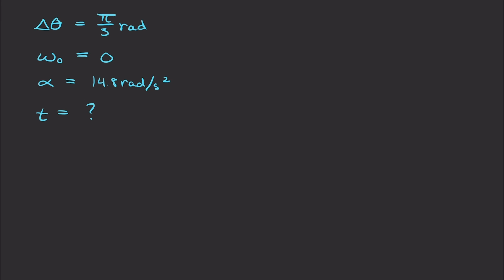Okay, so we go to our kinematic equations and find one that has all of these. It turns out this one, delta theta equals omega naught times t plus 1/2 alpha t squared, has everything we want plus what we're looking for. Also, this term goes away since omega naught is 0, which makes things nice and easy.